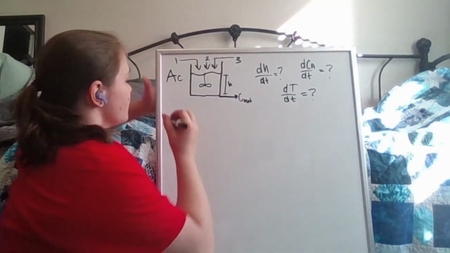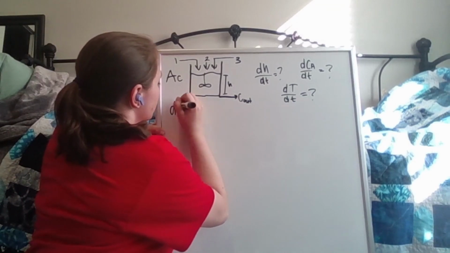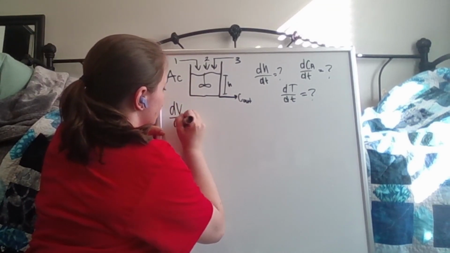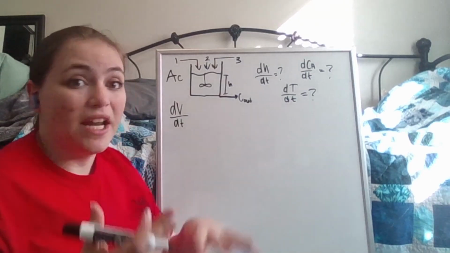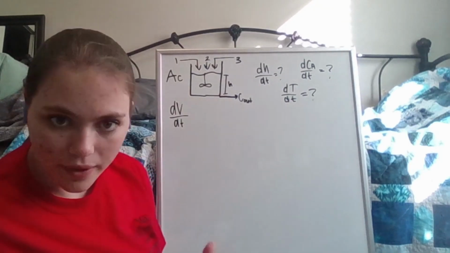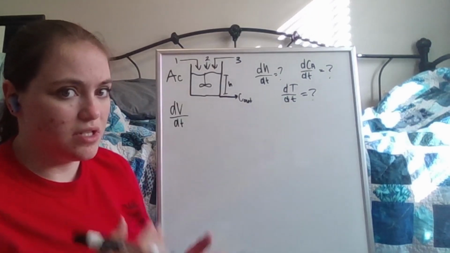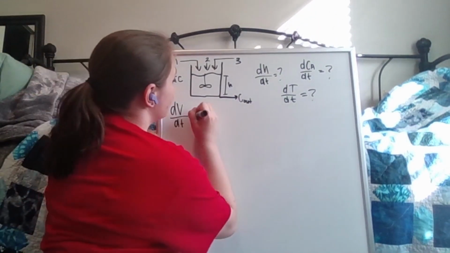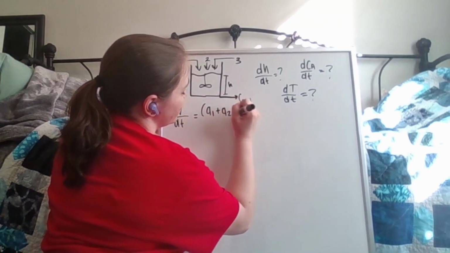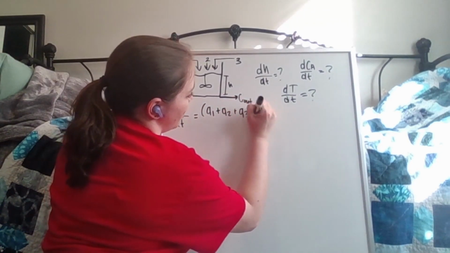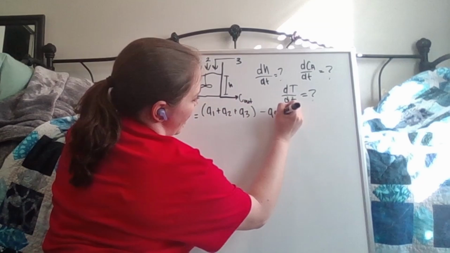So first things first, let's go dV over dt. This would technically be where we put our flow rate in and our flow rate out. Well, flow rate in is three different flow rates, which would basically look like Q1 plus Q2 plus Q3, all minus Q out.